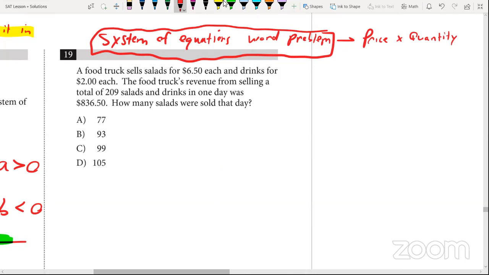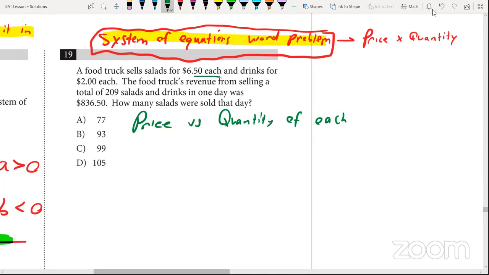The price is just some number that gets assigned to each item in terms of this way of thinking about it. But in the systems of equations word problem here, we are looking for the price and the quantity of each item. In this case, salads and drinks.